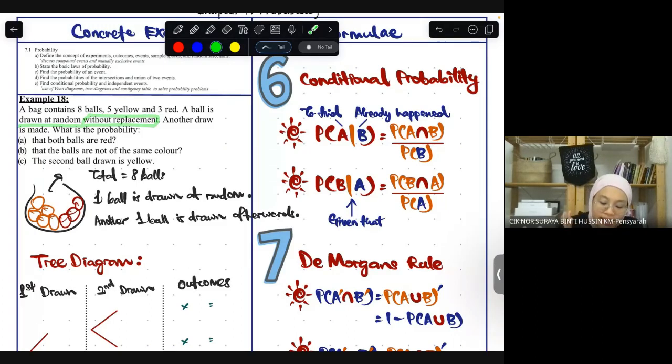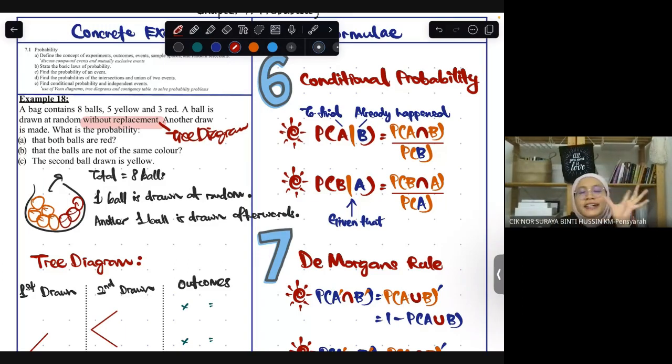I think this word without replacement that makes me understand automatically that I need to use tree diagram. After so many experience of doing a lot of probability problem, saya boleh dapat agak lah without replacement ni, aku dah agak dah mesti pakai tree diagram.